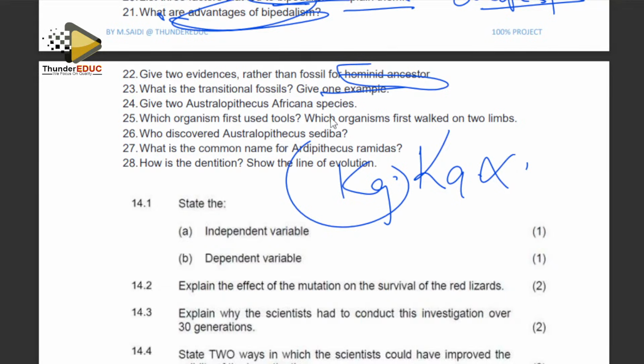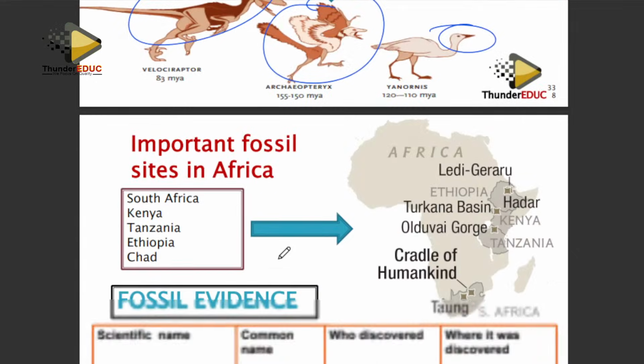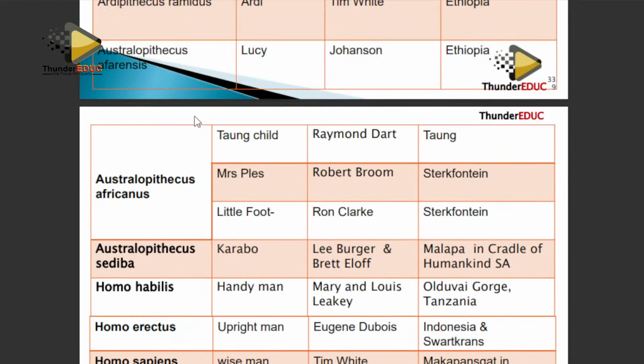All right, we continue. Give examples of Australopithecus africanus species. Taung child, Mrs. Ples, and then Little Foot. Taung child, Little Foot, Mrs. Ples.